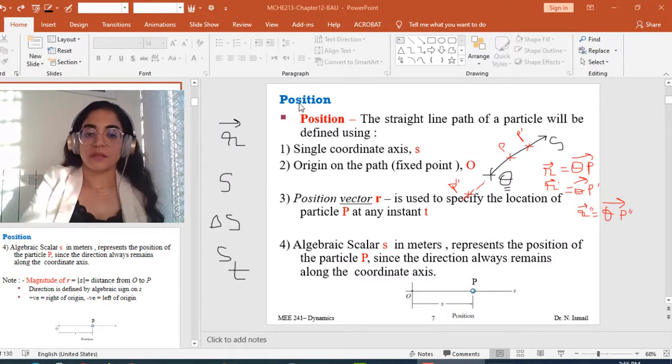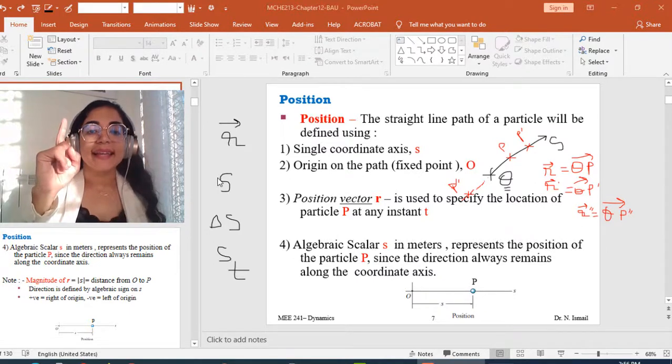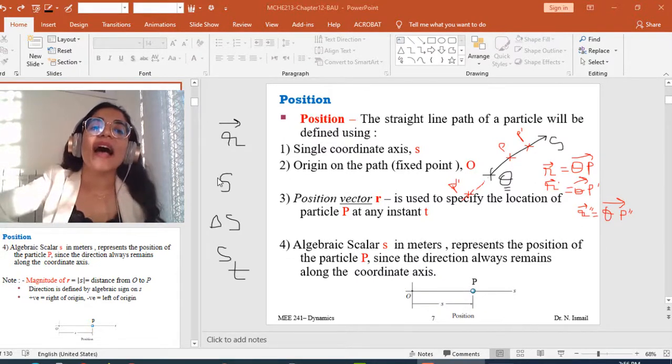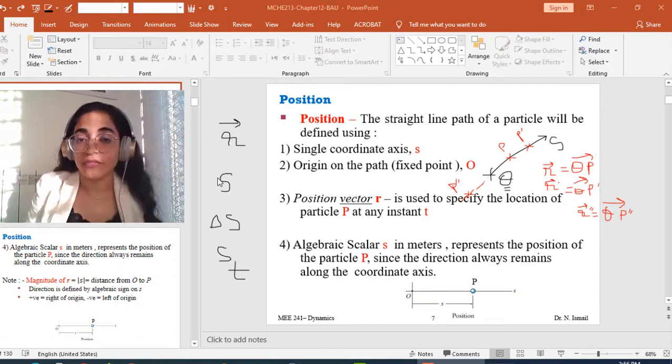Now guys, what is S? S is the algebraic value of r. It is a scalar, so it could be positive and negative.